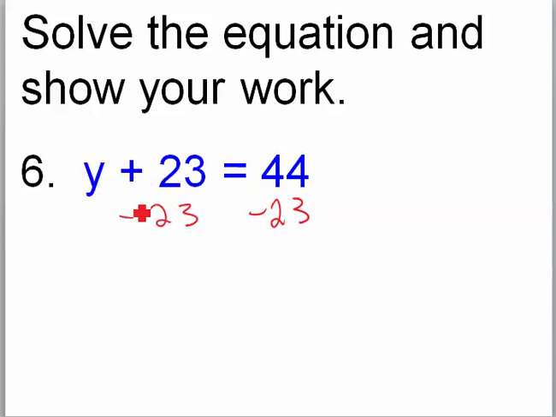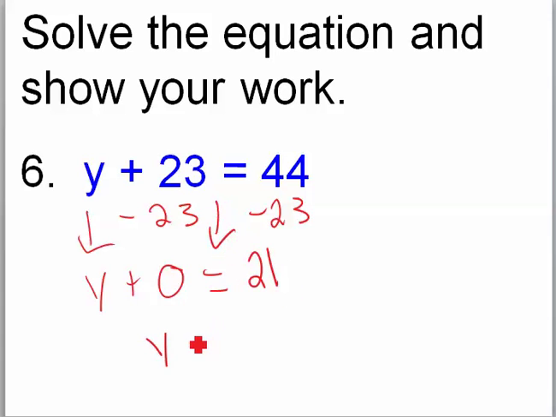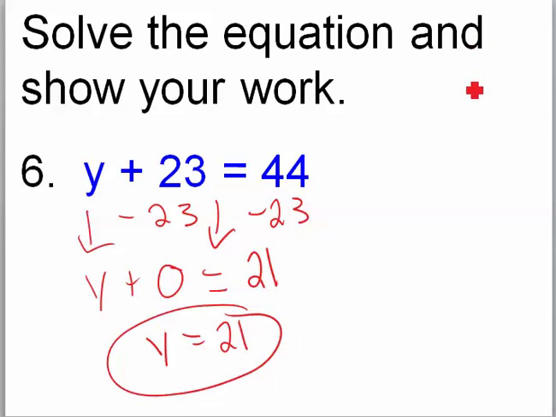I'm going to undo adding, so I have to do subtraction to undo it. I bring down the y, so that's going to be plus 0, because 23 minus 23 is 0. 44 minus 23, we get 21. Now y plus 0, that's just y. y equals 21. Give yourself a smiley face.